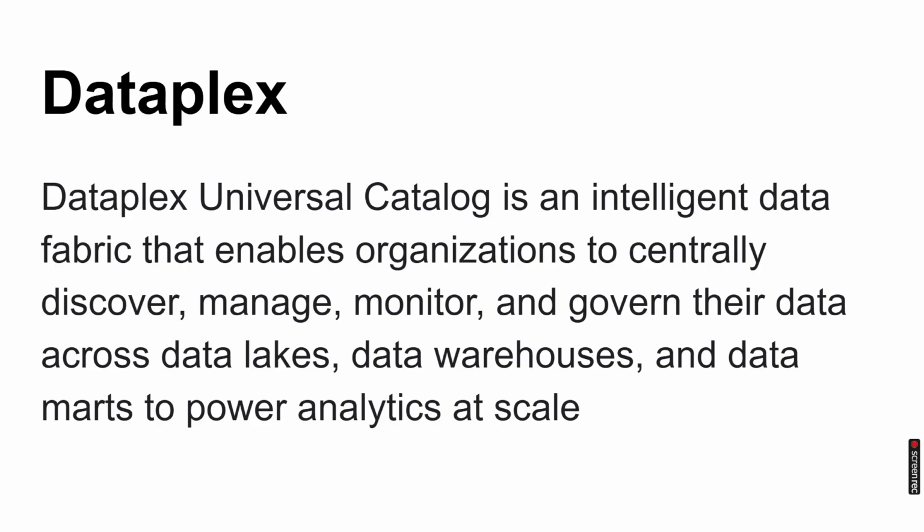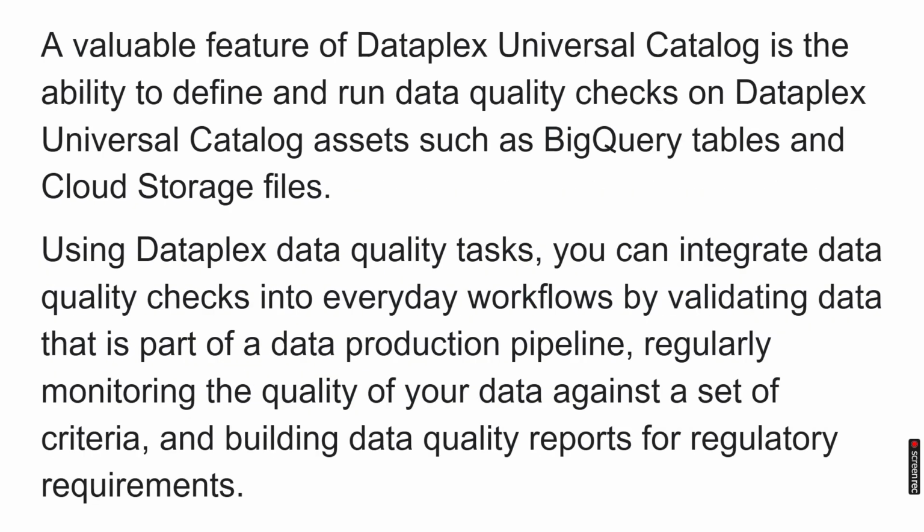Basically, by using Dataplex, we can define and run the data quality task. We need some Dataplex Universal Catalog resources, so we are going to use them. The valuable feature of Dataplex is the ability to define and run a data quality task on GCP and Dataplex Universal Catalog assets such as BigQuery tables and Cloud Storage files.